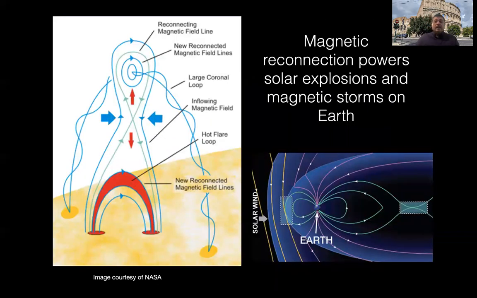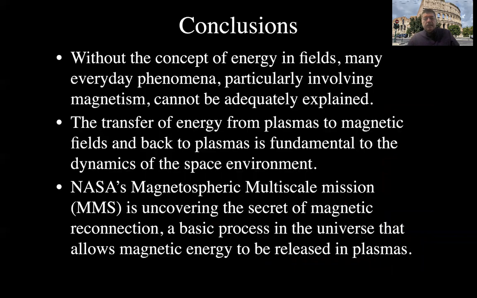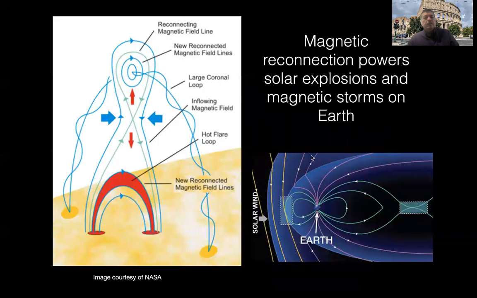And it happens on the sun to power solar explosions and release coronal mass ejections from the sun, these big clouds of plasma and magnetic field. The energy that's released by magnetic reconnection in loops of magnetic field close to the sun provides the energy for solar flares.